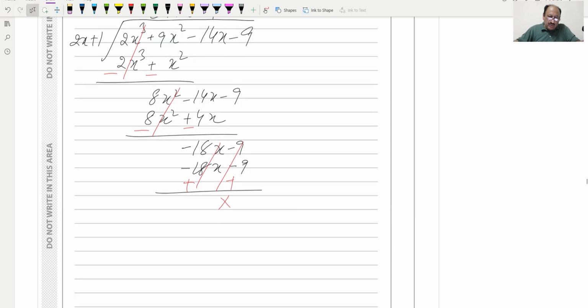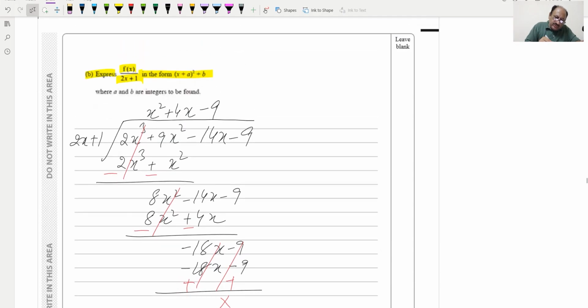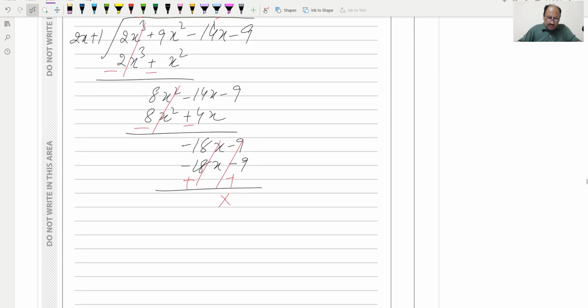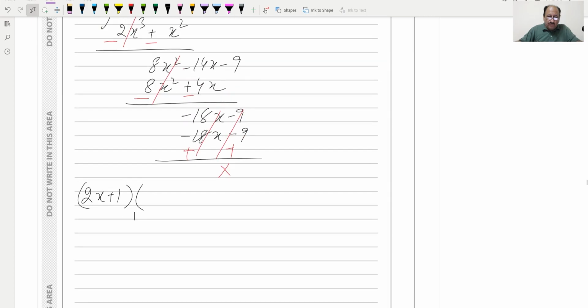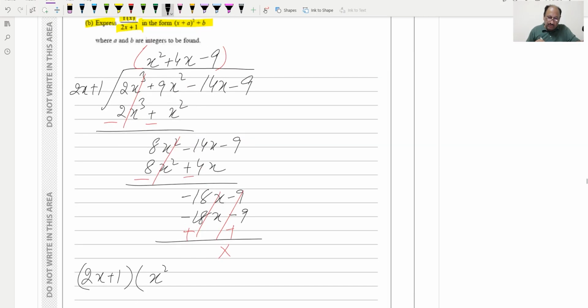So we got the divide answer. We can rewrite it as 2x plus 1 into the answer we got, which is x squared plus 4x minus 9.